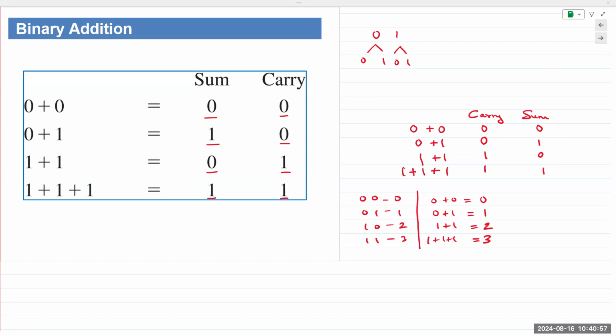Again, in a digital system, meaning a circuit, you have 0 volts being added to 0 volts. The answer is 0 volts. For 0 plus 1, one circuit has 0 volts and another has 5 volts. You add them together, the answer is 5 volts. And if you have 2-digit outputs, one is carry and the other is sum, then the sum is 5 volts, the carry is 0 volts.